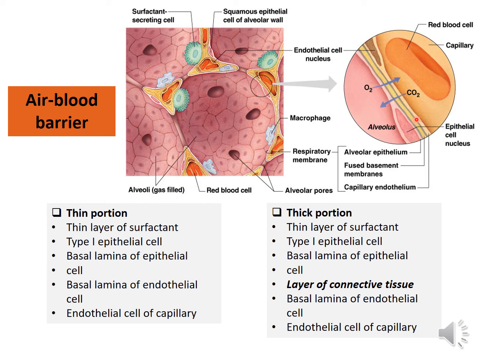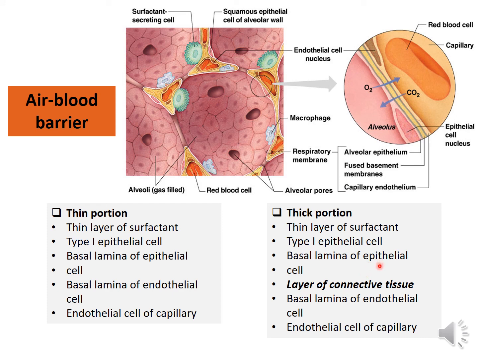Then immediately deep to that you see the basal lamina of the endothelial cell or capillary endothelium, and then the endothelial cell. So these are the components of the air-blood barrier.